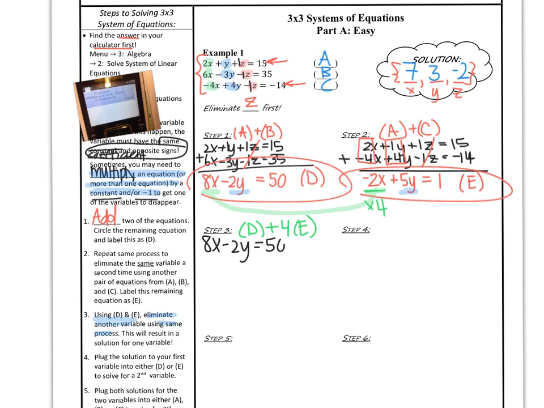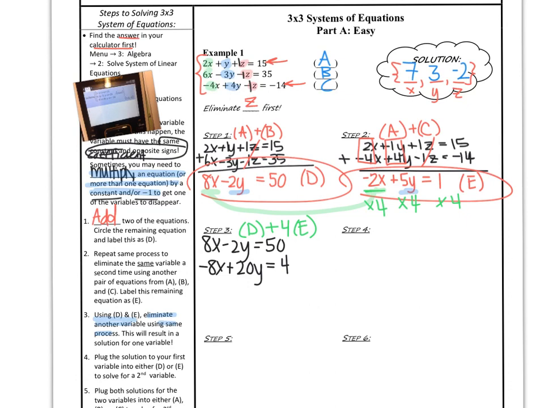But then everything here has to be multiplied by 4, every single individual piece. So the 4 times the E equation becomes a negative 8x plus 20y, and then equals 1 times 4, which is 4. So again, I took each individual number and multiplied it by the 4 that we needed.